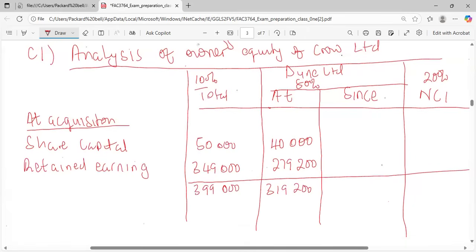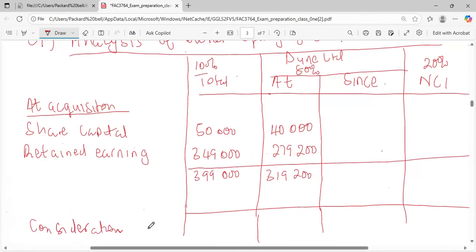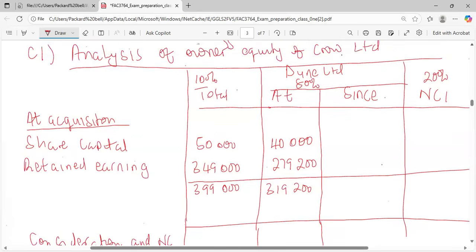Right? Then what else are we going to need here? We want now to look at if we have goodwill. So let's look at the consideration that was paid. So let's come here and say consideration. How much was paid by the June Limited Group? 325.